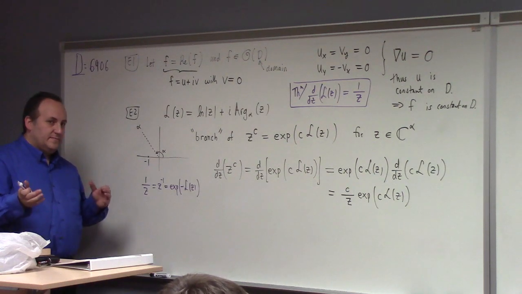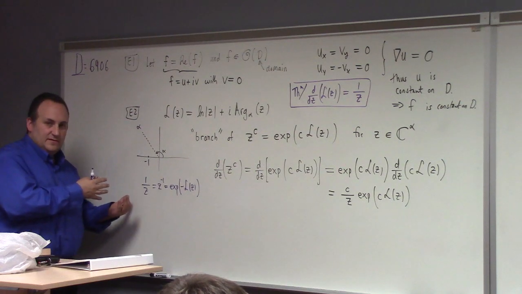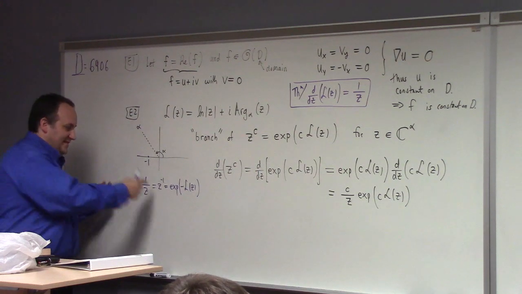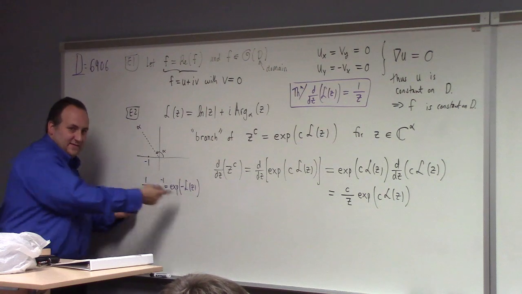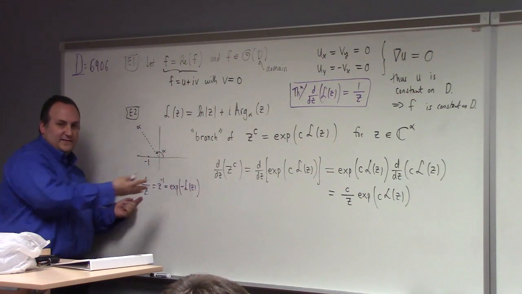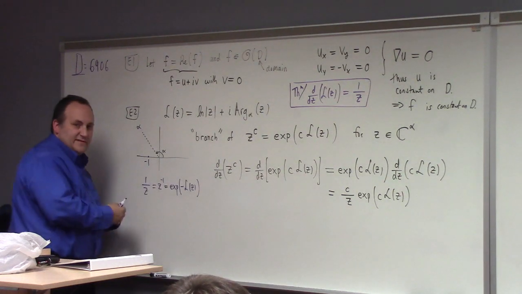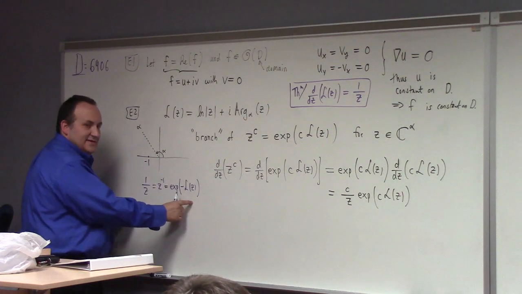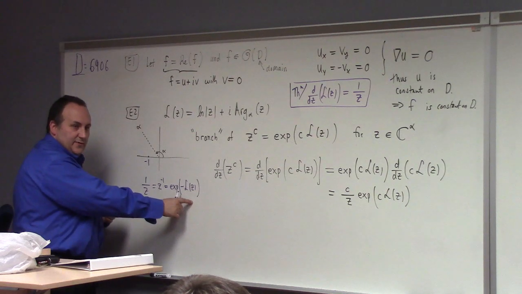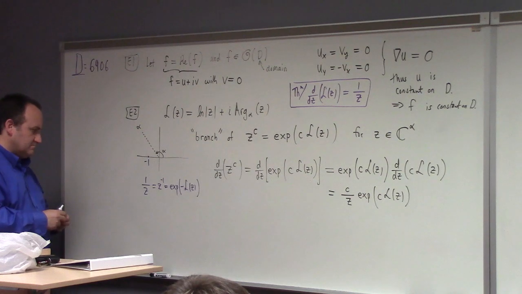Now, this begs the question: is that the same as z inverse, because this is the exponential of minus the logarithm? Technically there's a little homework exercise to prove that this really is indeed 1 over z.